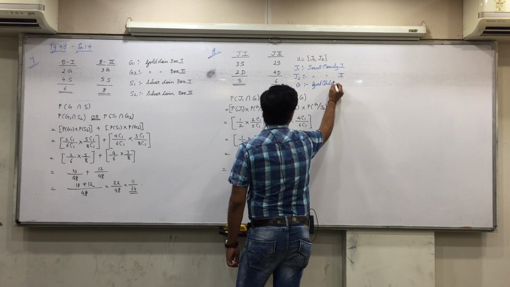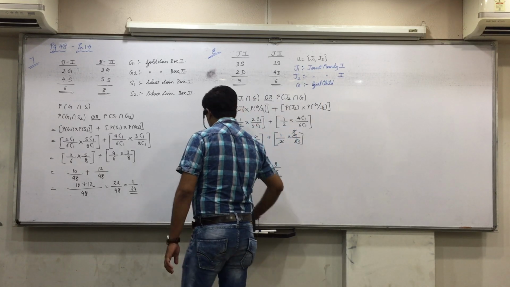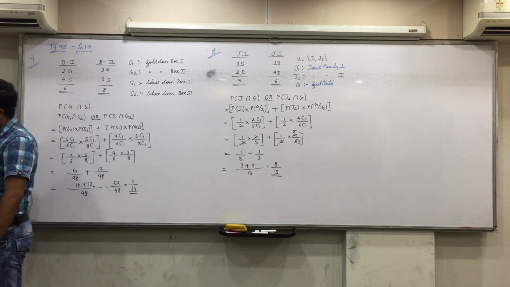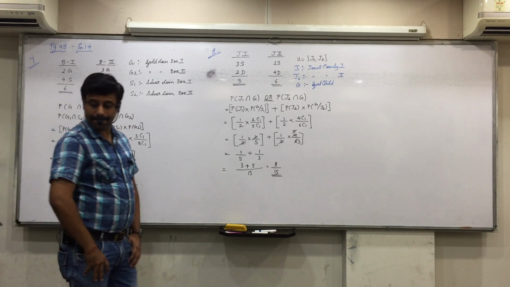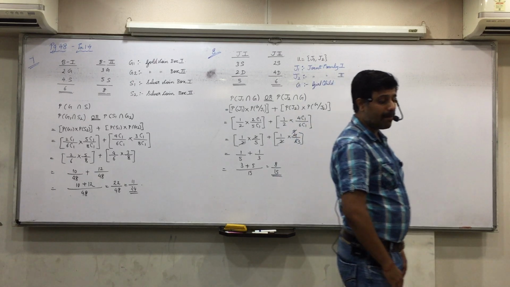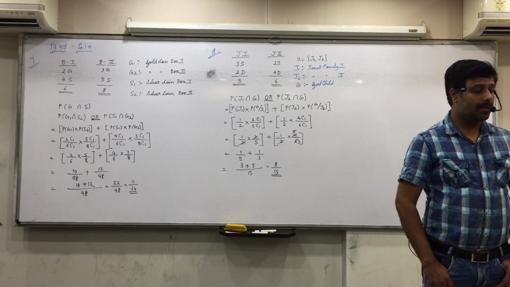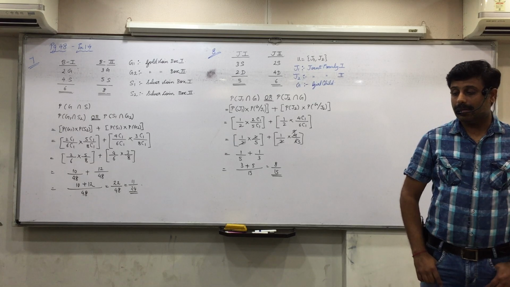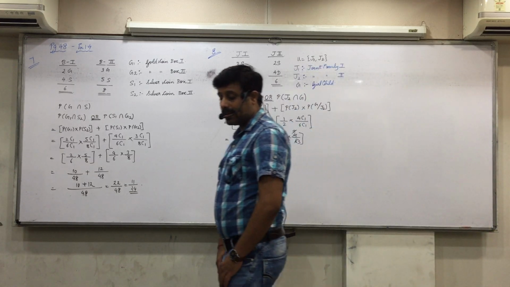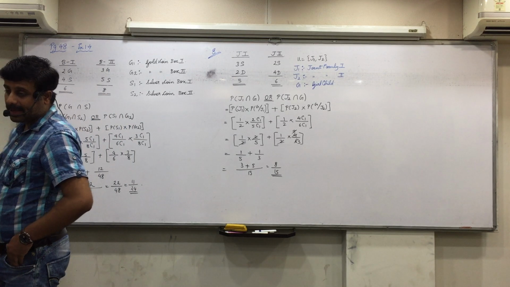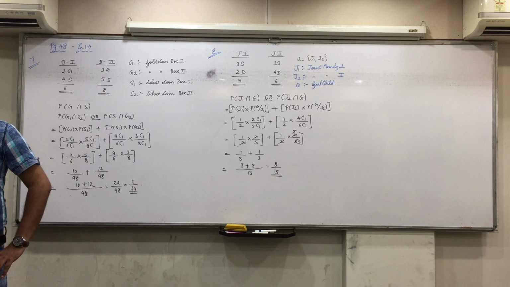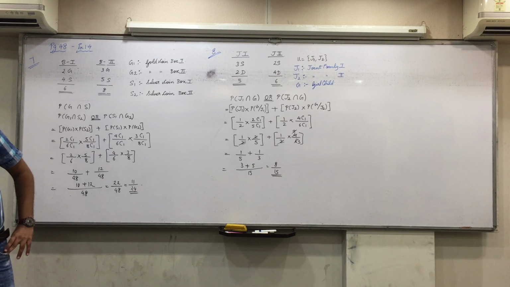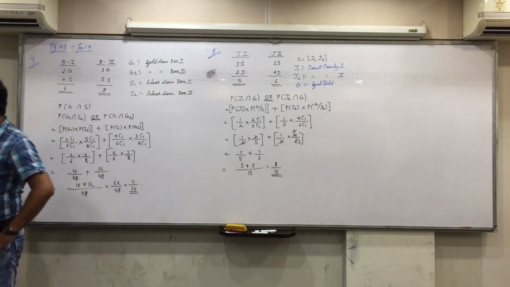Let event G be the event that a girl child is selected. Now below that write down the probability that the selected child is a girl is equal to... now show this completely.